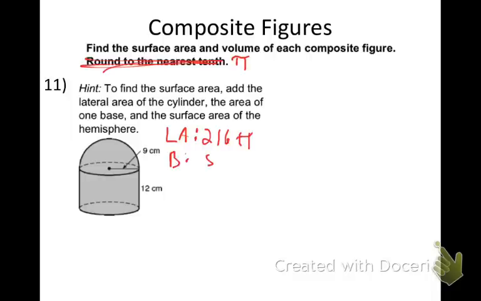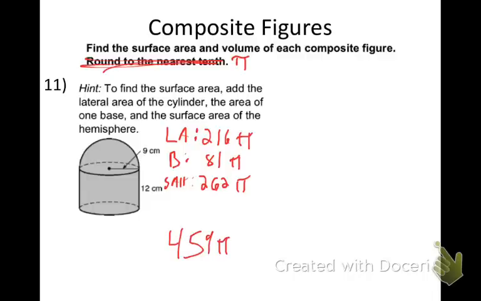Area of the base is 81 pi. And then you have to find the surface area of the hemisphere. Now, if a full sphere is 4 pi, hemisphere means 2 pi, right? So that would be 162 pi.